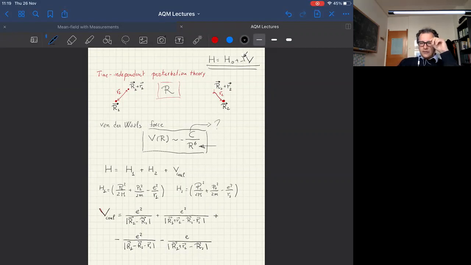Look at this picture. Let's say this is something like R. So in multipole expansion there is a small parameter.